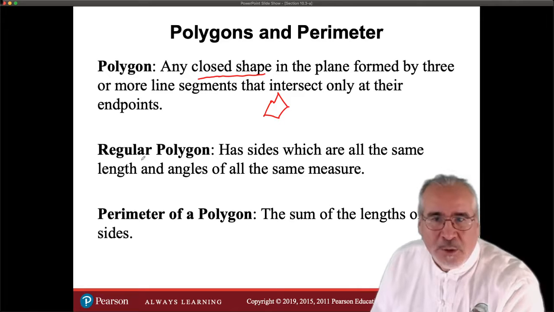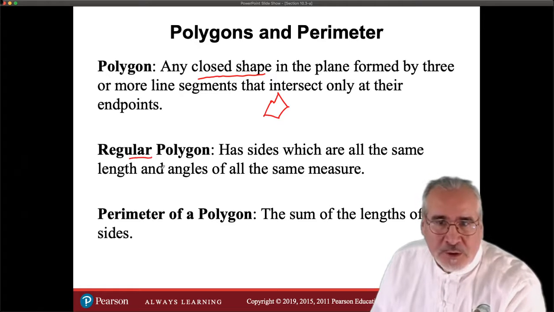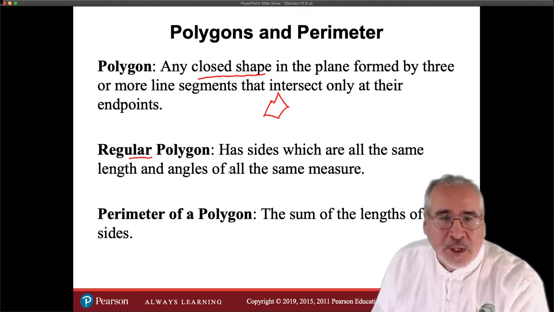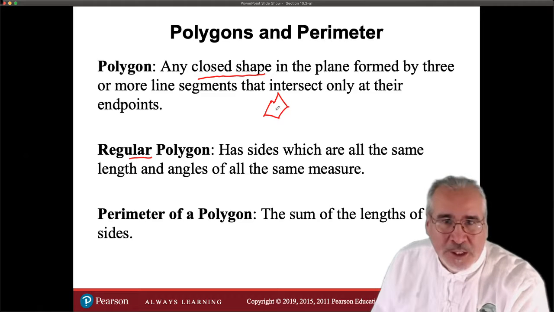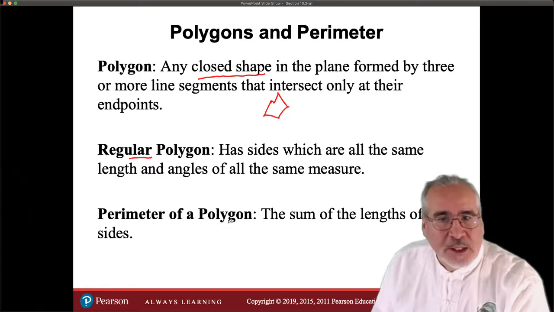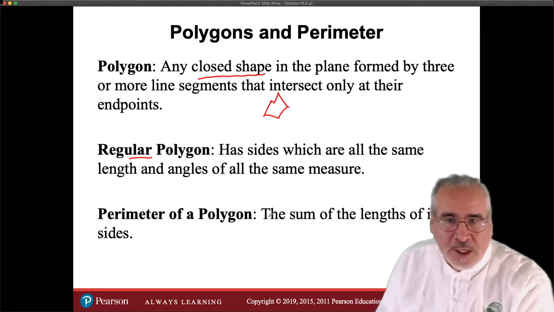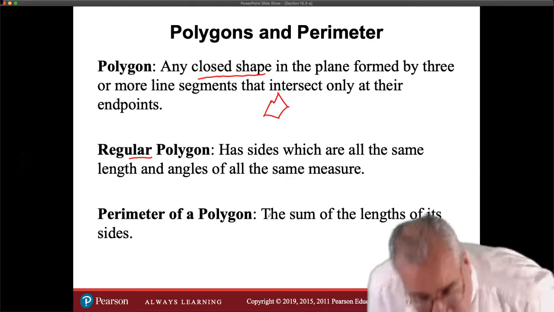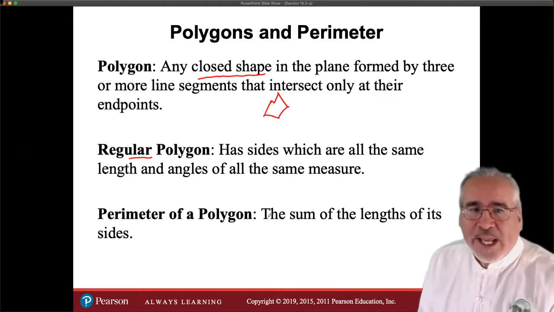So we'll take a look at regular polygons, but then there's also non-regular polygons, kind of like what I drew. This would be a polygon, but a non-regular one. In either case, for any polygon, the perimeter is the sum of the sides, which means we just add the sides together.